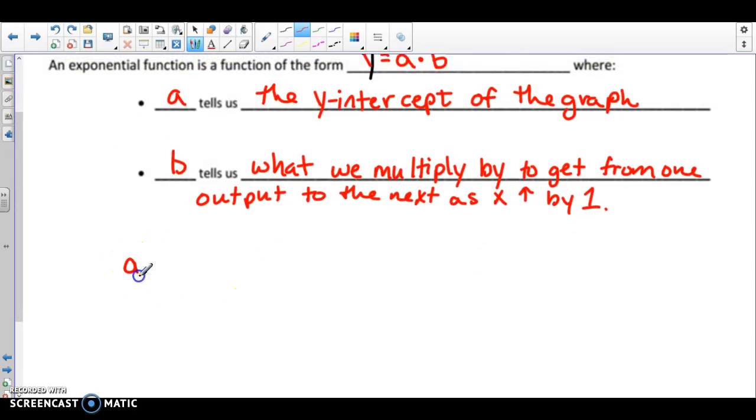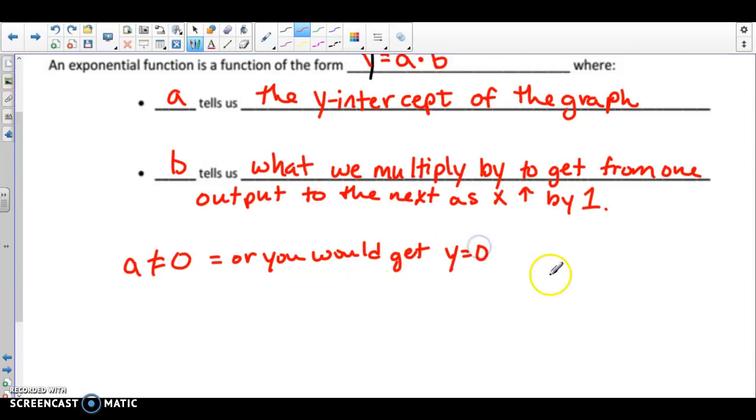Okay, now we do have a couple of stipulations. Okay, a cannot equal 0. Otherwise, we would have the equation y equals 0, which is a horizontal line, which we don't want.